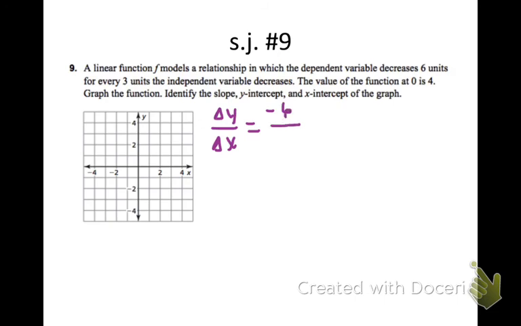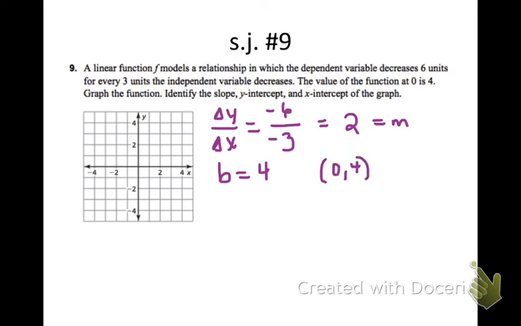Change in x is a negative 3. That gives us a slope that is equal to a positive 2. Okay? So we have this is equal to m, right? We also know that the value of the function at 0 is 4. So that gives us the y-intercept, b, is equal to 4. And it's represented by the point 0, 4.